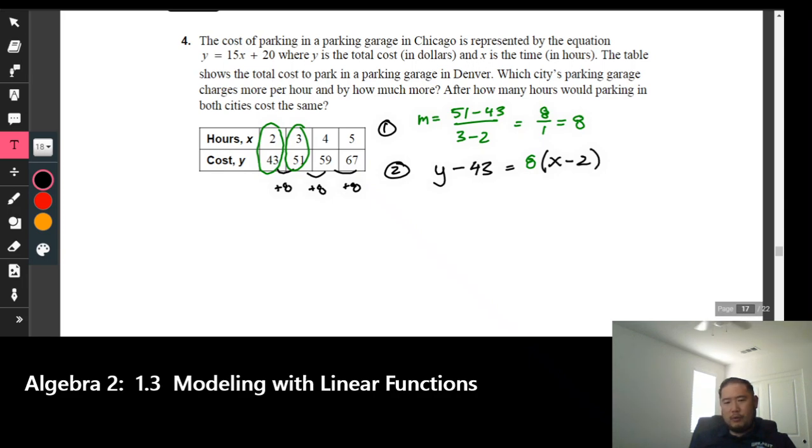We've got y minus 43 is equal to, and then let's distribute the 8. I end up with 8x minus 16. We'll add 43 to both sides, and then y is equal to 8x plus 27. So this is the equation for Denver.